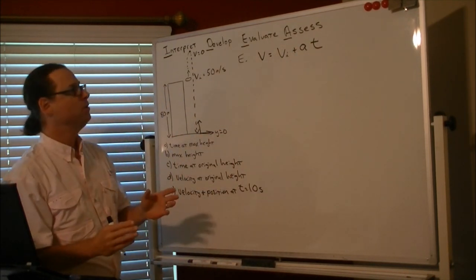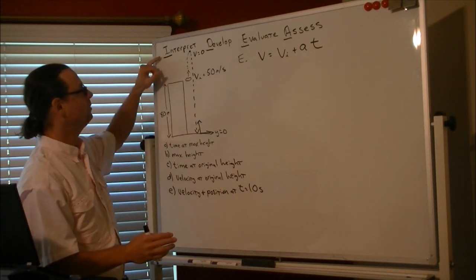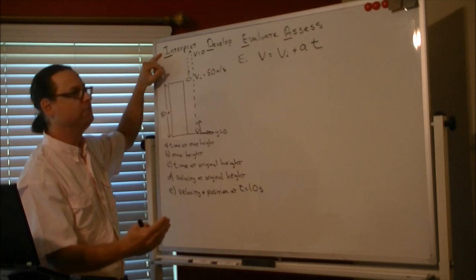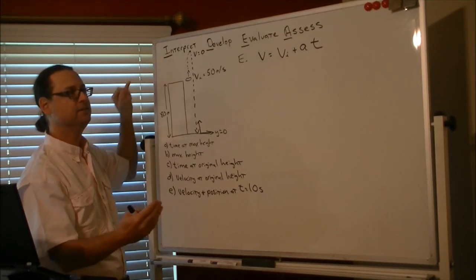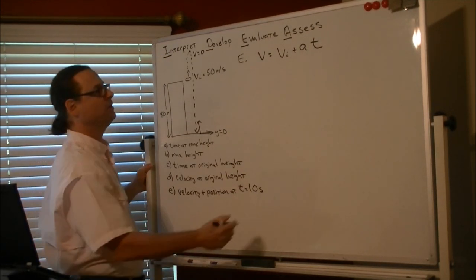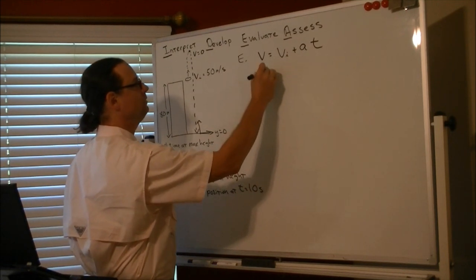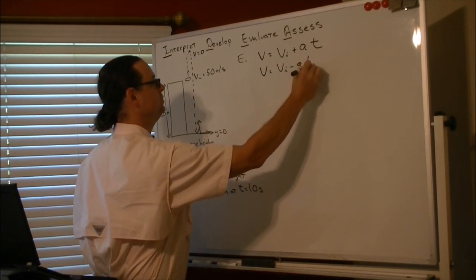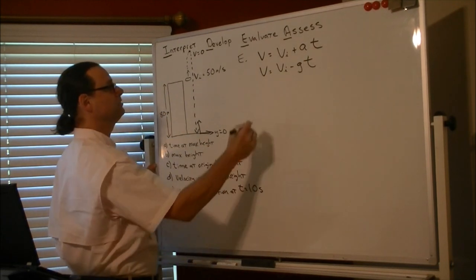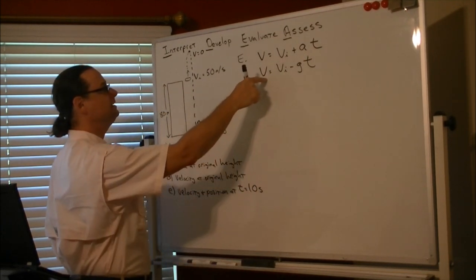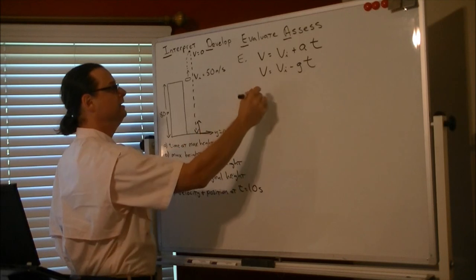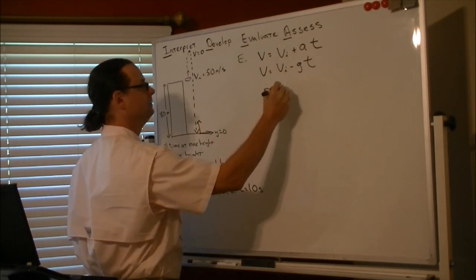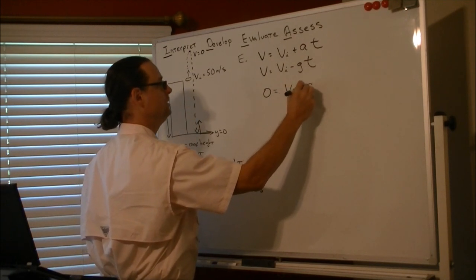And now that we know that we're dealing with free fall, because when we interpreted the equation, the interpretation tells us that in free fall the acceleration is constant, it's just negative 9.8 meters per second squared. We can rewrite this as the velocity is the initial velocity minus gt. So the velocity at the instant we're interested in is 0, and it's equal to the initial velocity minus gt.